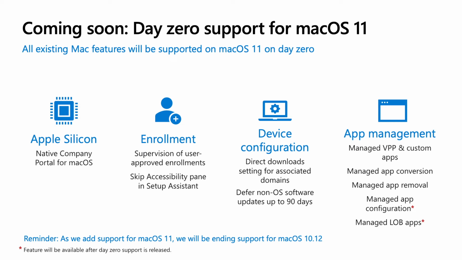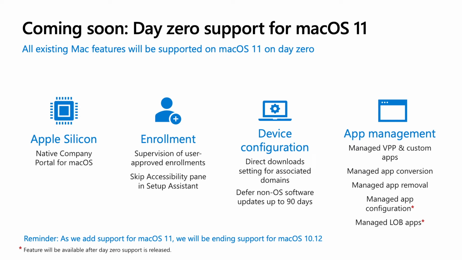We're introducing support for new device configuration capabilities and updating existing ones as applicable on macOS 11. Direct download setting updates the existing associated domains payload to allow IT to specify whether data for the associated domain is to be downloaded directly instead of through a content delivery network.